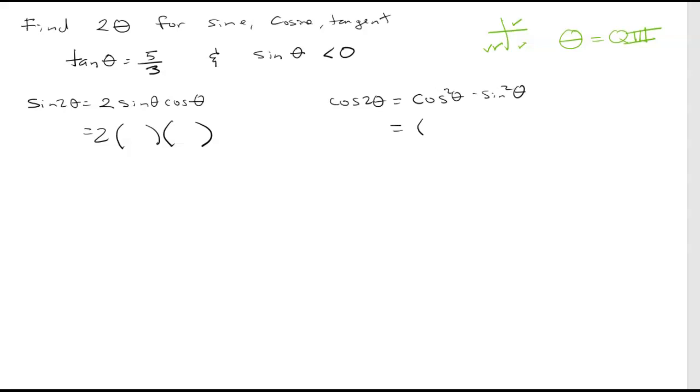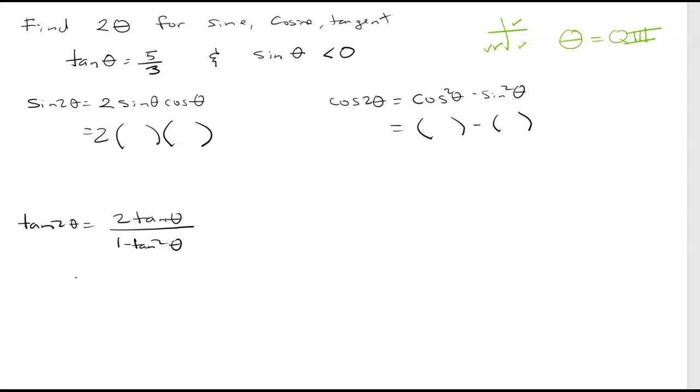Again, I don't know any of that yet, so I'm going to leave that blank. Now tangent of 2 theta is 2 tangent of theta divided by 1 minus tangent squared of theta. I do know this information. So let's go ahead and find tangent first.